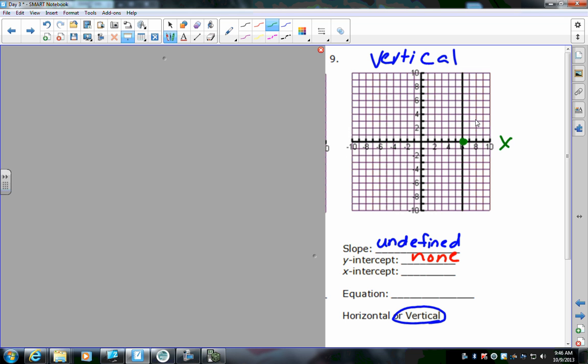That point right there is at 6, 0. That's my x-intercept. 6, 0. Now, the equation of a vertical line is going to be x equals whatever the x number is of my x-intercept. It's x equals 6.